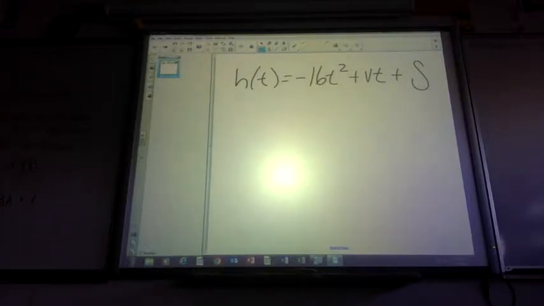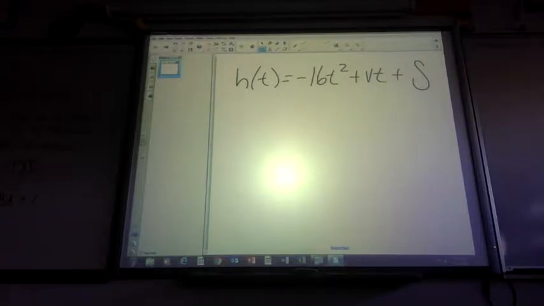So the variable that acts like x in this equation is t. They're just using t because we're talking about time. And the problem will define for you if you're using time in seconds, days, years, minutes, hours, okay?